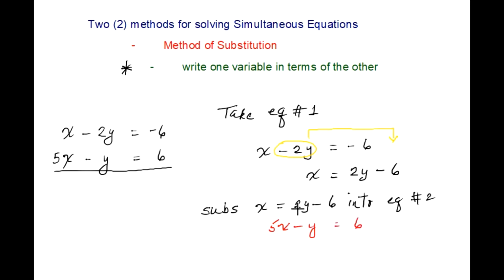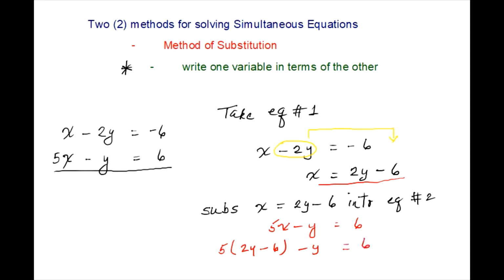But I already have an expression for x. So wherever I see x, I'm going to put this expression right here. See that? Wherever I see x, I'm going to put 2y minus 6. And then, so that's 5x minus y is equal to 6.